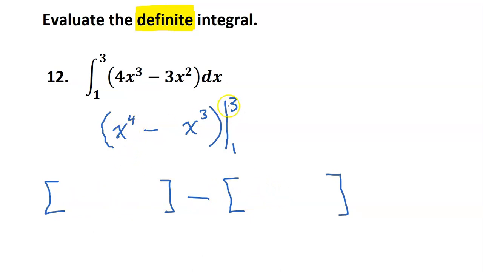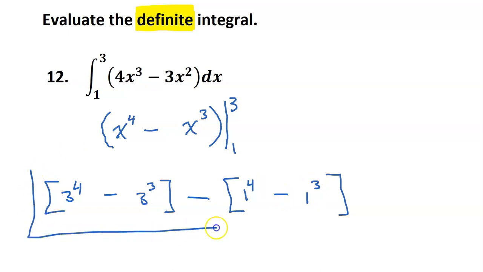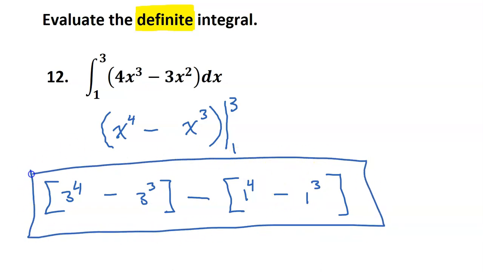So starting with the upper limit, this expression will give us 3 to the 4th power minus 3 to the 3rd power. Moving down to the lower limit, this expression will give us 1 to the 4th power minus 1 to the 3rd power. Technically, this is a valid answer to the question.